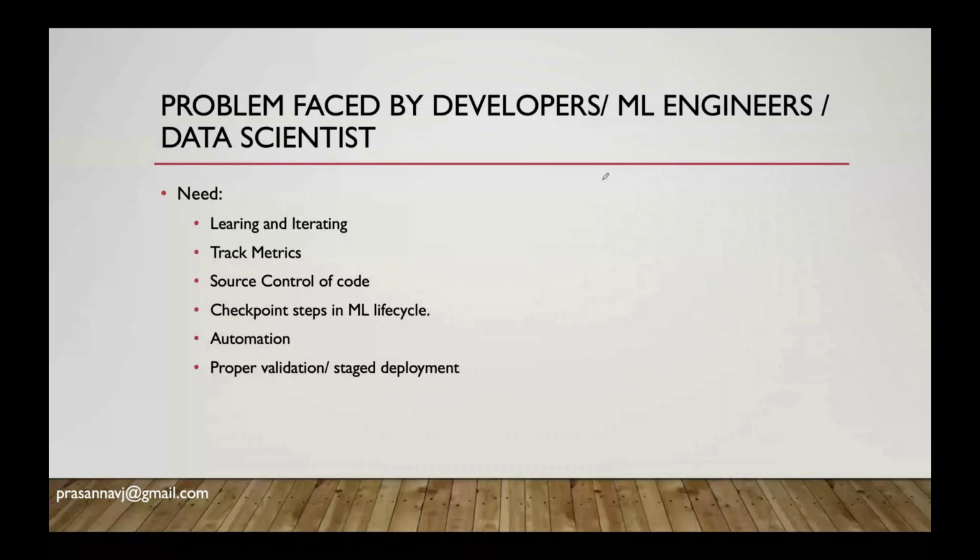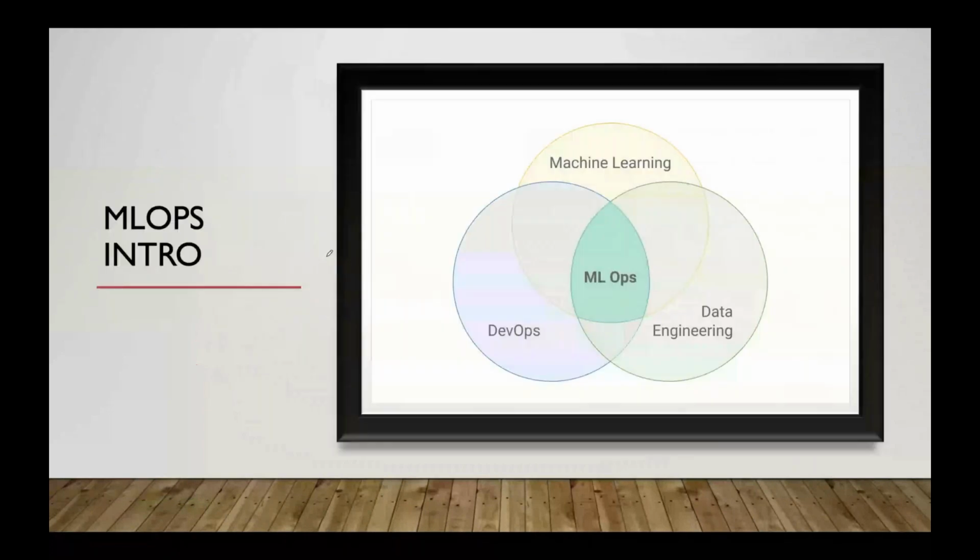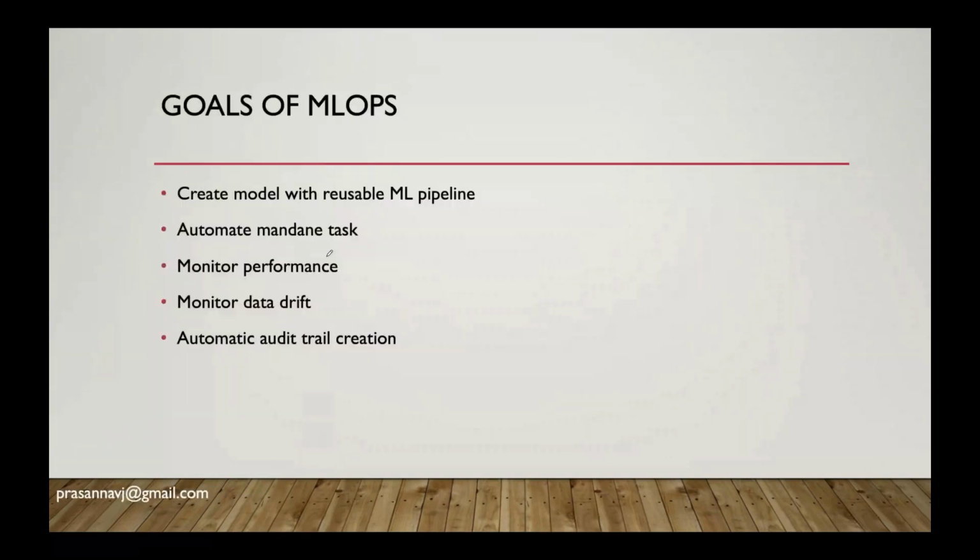Okay. And now MLOps comes in as a combination of your DevOps, your machine learning, and data engineering together. It's the intersection of all these three where MLOps resides, and that will help you solve the problems that we have discussed. Now, what is the goal?